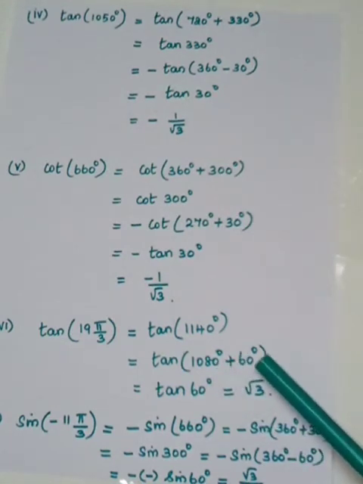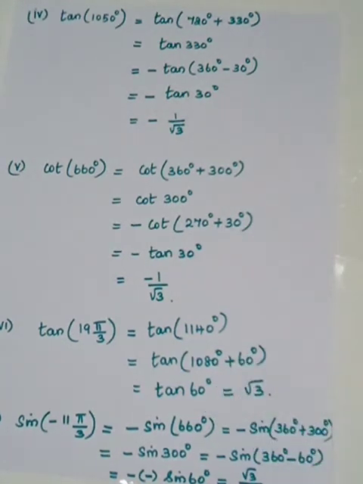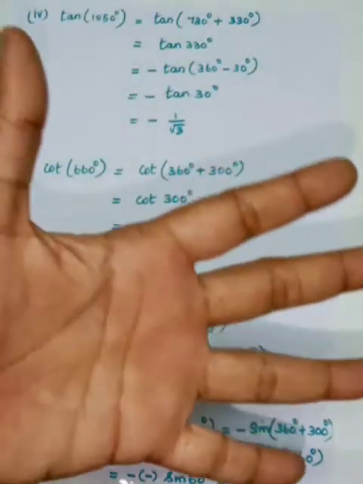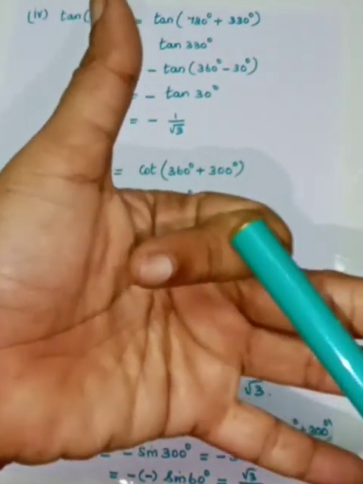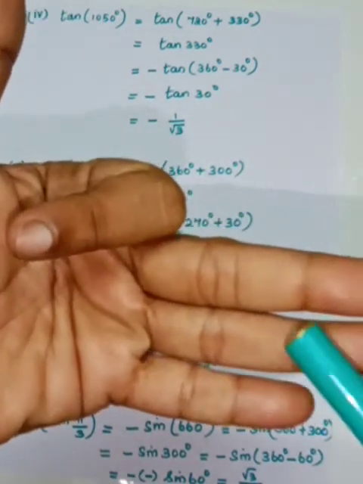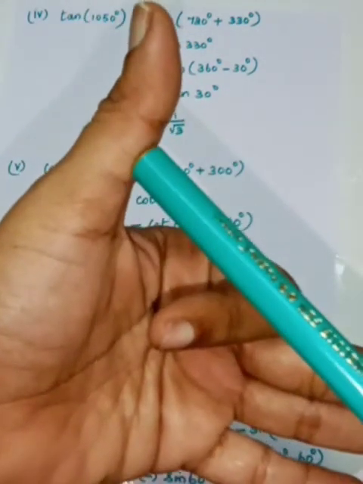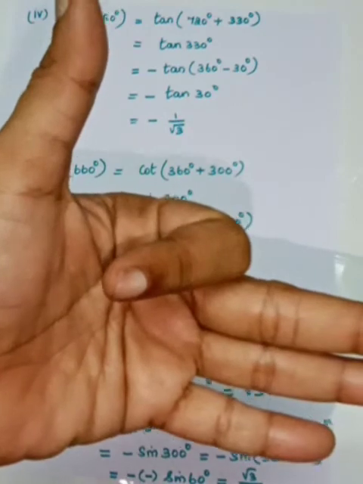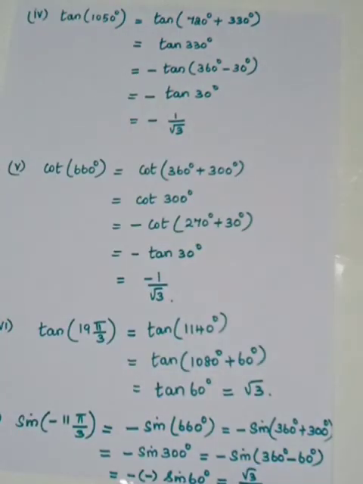So the remaining is what? Tan 60 degree. Tan 60 degree you know very well. Use the left hand. 60 degrees is this one. So the first one, below fingers, what is it? It is root 3, divided by above fingers, it is 1. So root 3 divided by root 1, that is equal to root 3.